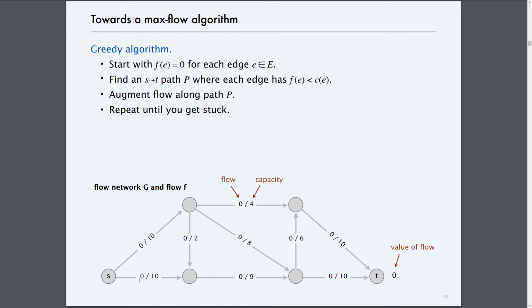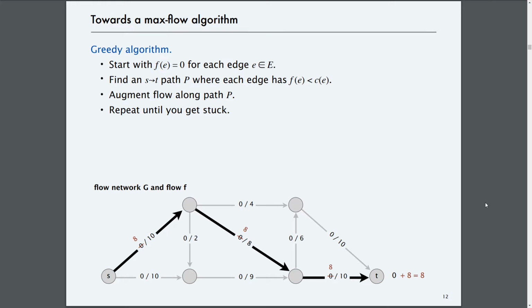So for each edge we look at, the current flow value has to be less than the capacity. And then what we do is we augment the flow along path P. And just repeat this until you get stuck.